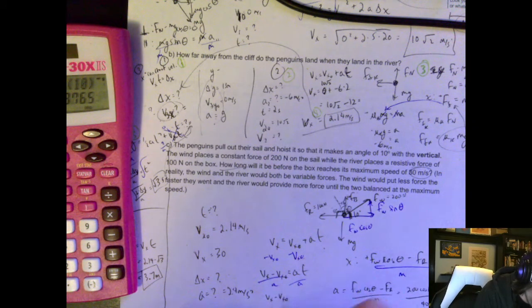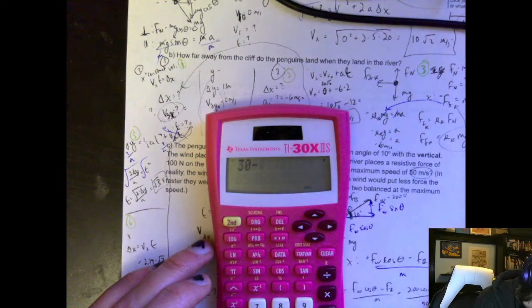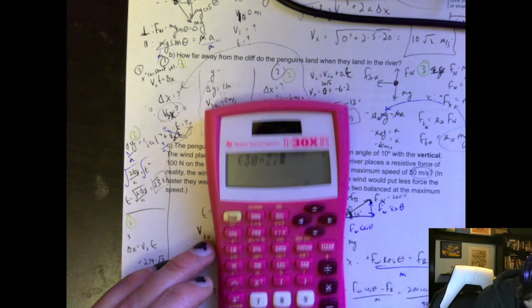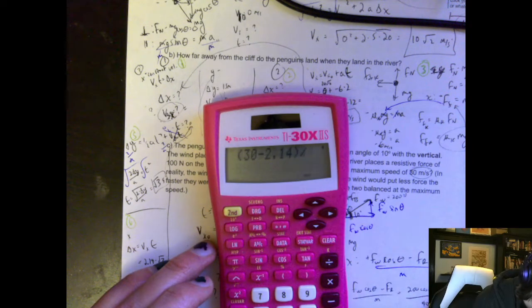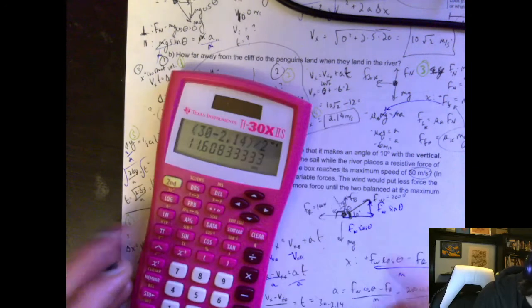Final velocity minus our initial divided by our acceleration will be the time, which is going to be 30 minus 2.14 divided by 2.4, which is 11.6.